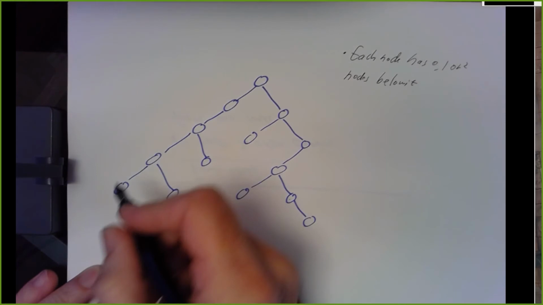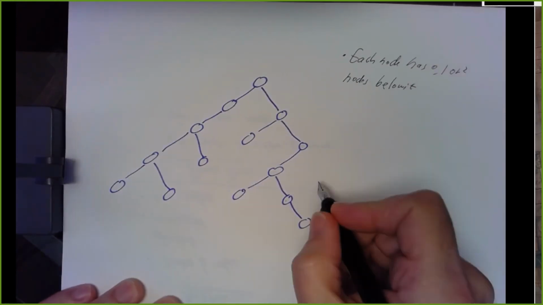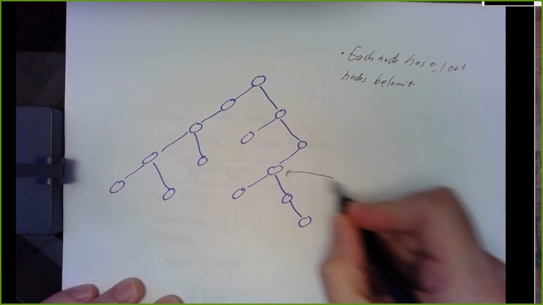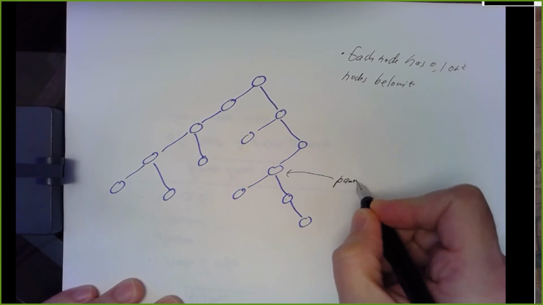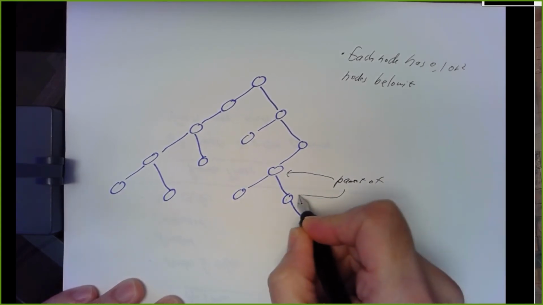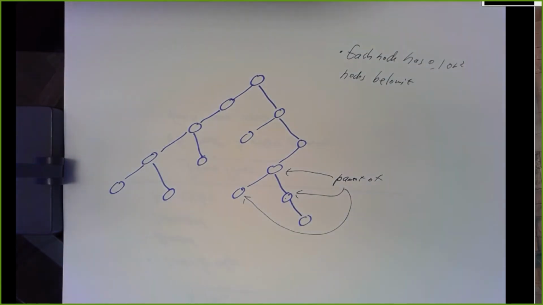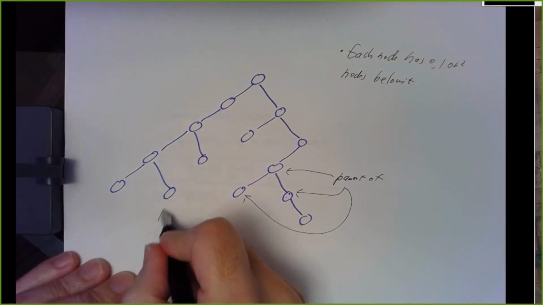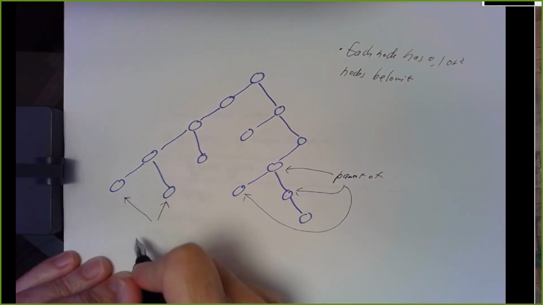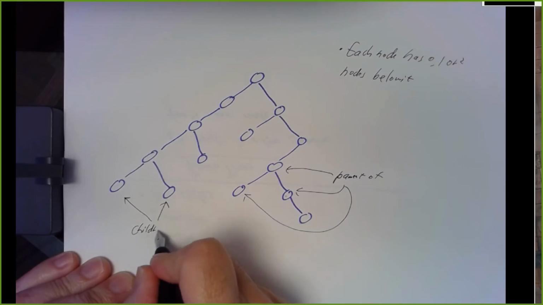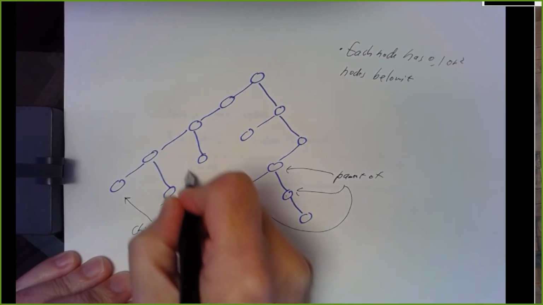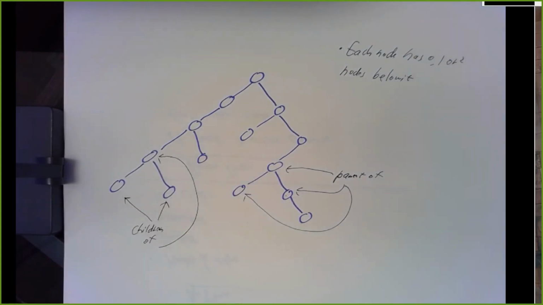All right, so we have some terminology. We would say, for example, this node is the parent of these 2 nodes. So parent means that it sits directly above another node. And these 2 nodes we would call children of this node, which is the children's parent.